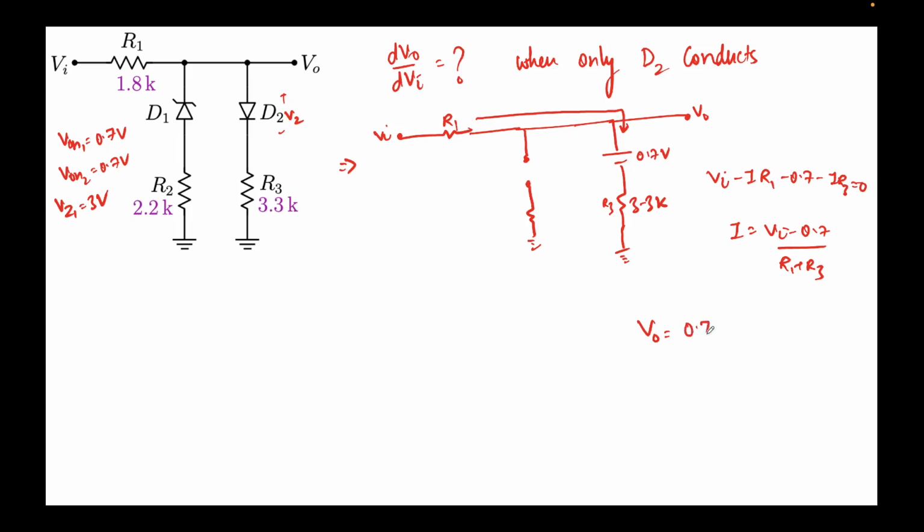So this will be 0.7 plus I, the value of I is this. I'll write this expression first. It will be 0.7 plus (Vi minus 0.7) R3 over R1 plus R3.